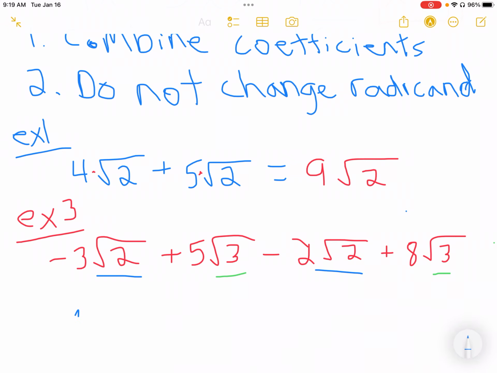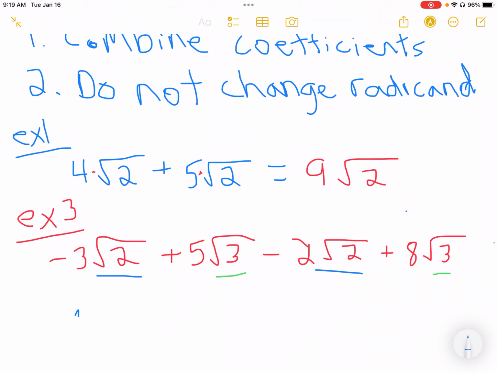And, well, I guess I could do example 4. Example 4 is pretty straightforward, okay? Because with example 4, I'm told to add together 4 root 3 minus 2 root 2 plus 6 root 5.